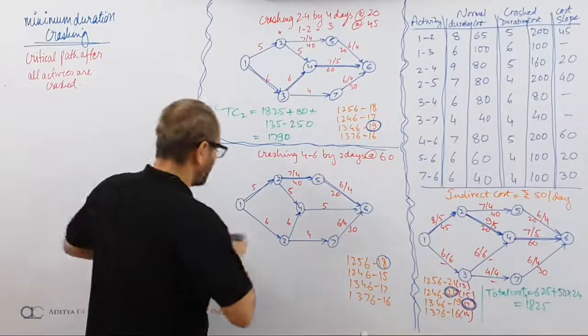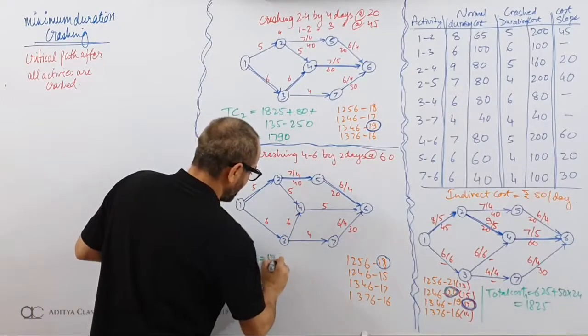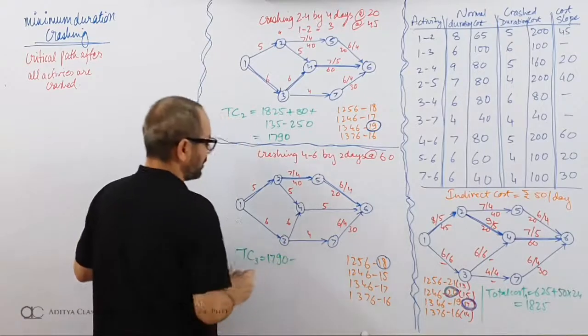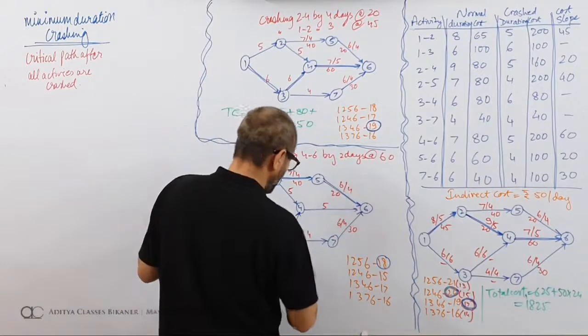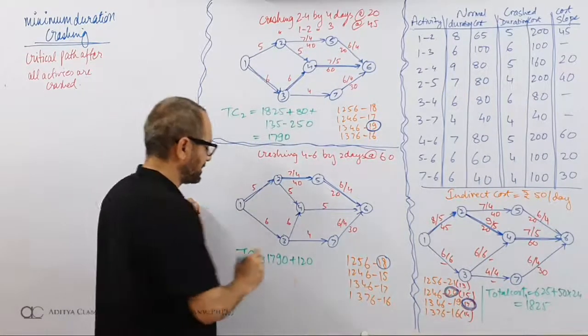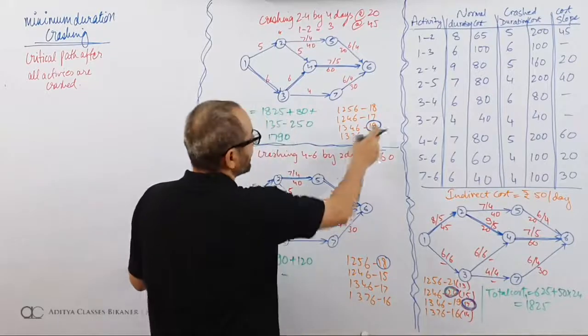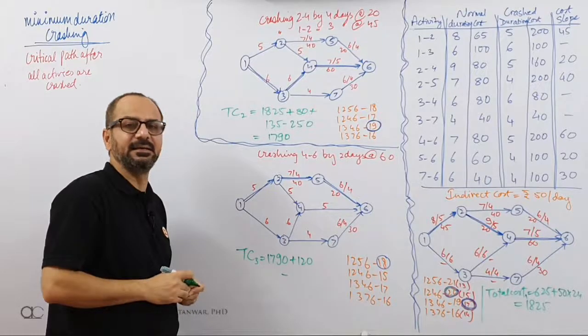Can I have my total cost? Total cost 3. I started with 1790. I made some additional payments. What were those? 2 days 60 rupees, that is 120 rupees. I made an additional payment for 120 rupees. What were my savings? Earlier critical 19, new critical 18.